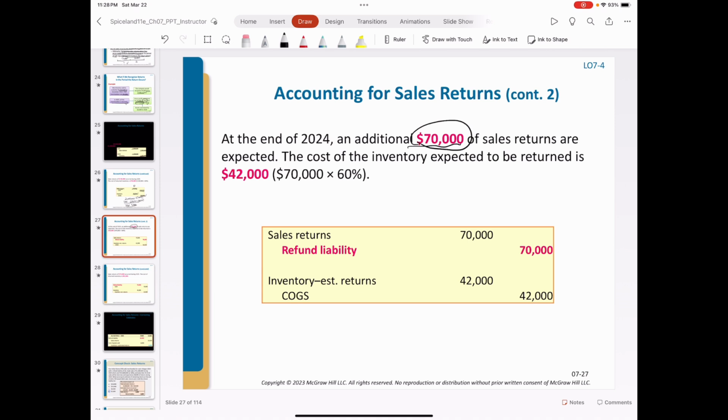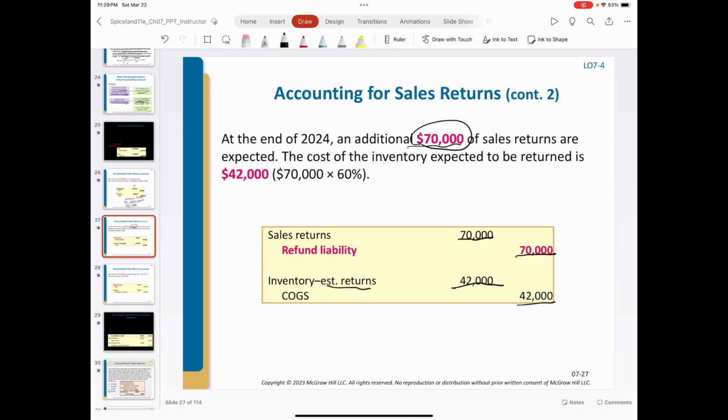So we also debit sales return and credit refund liability. Since it is not an actual return, we do not credit cash. We just credit a potential refund or cash outflow. We use a liability. We also debit inventory estimated return and credit cost of goods sold.